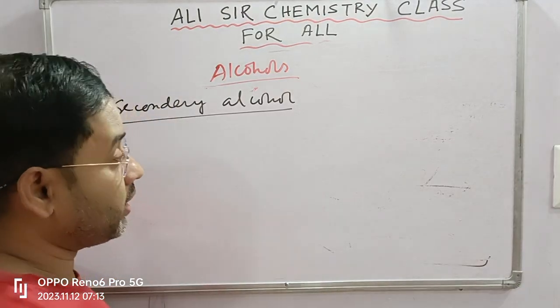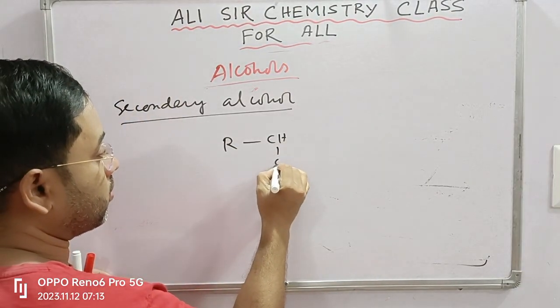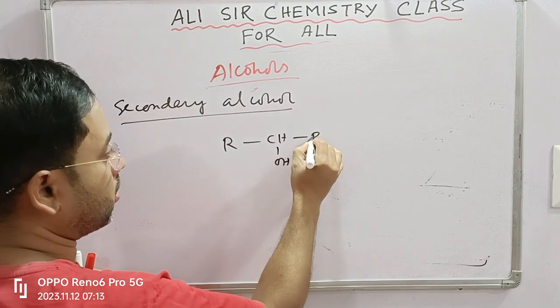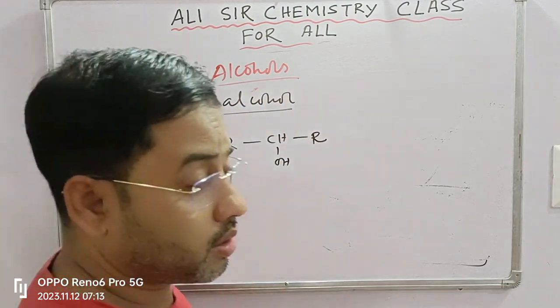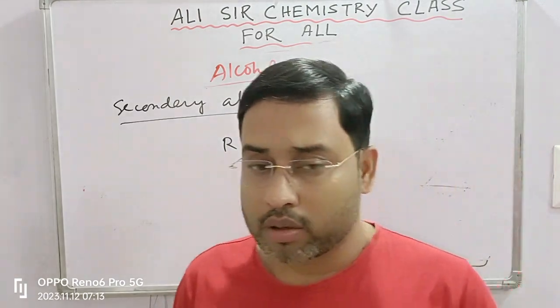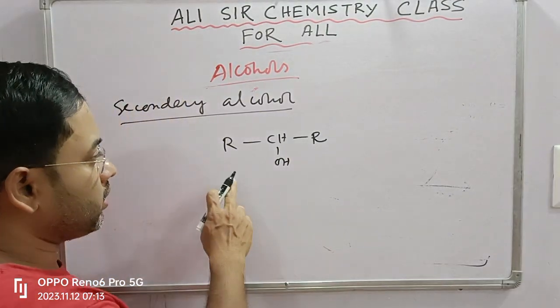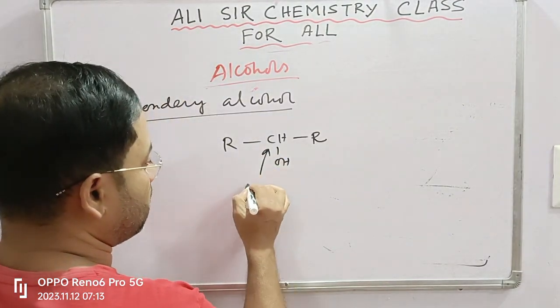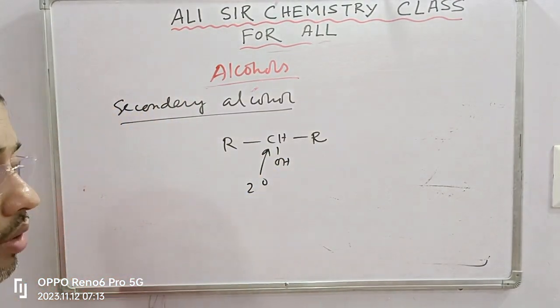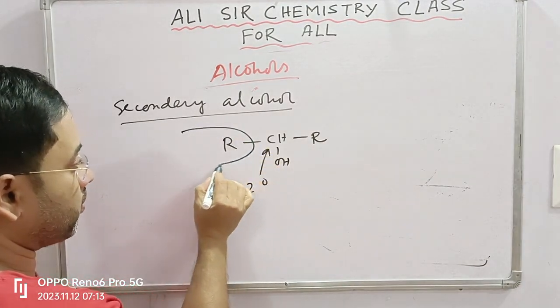In general, a secondary alcohol can be written like this: R-CH(OH)-R. This is a symmetrical alcohol. I am discussing only symmetrical alcohols, though it doesn't matter whether the alcohol is symmetrical or unsymmetrical. This center is a 2-degree alcohol. In the same way, we cut an alkyl group from this compound, so cut it from here.